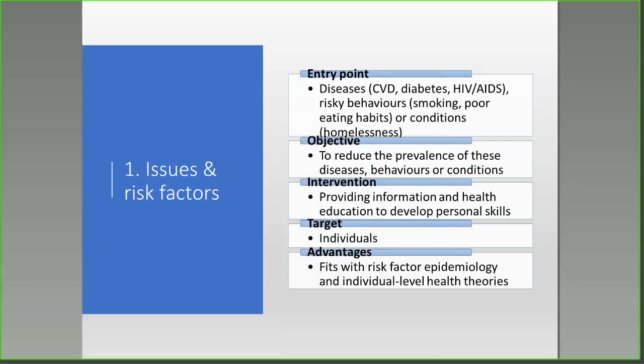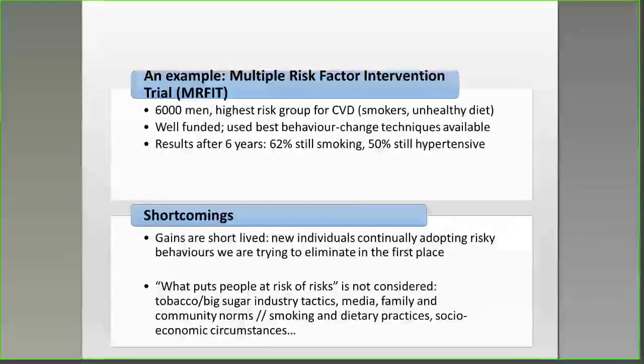This approach is rooted in risk factor epidemiology, which is concerned with identifying some modifiable biomedical or behavioral risk factors that contribute the most to the burden of disease. It's also rooted historically in health education and in the individual level health theories that were predominant in health promotion.